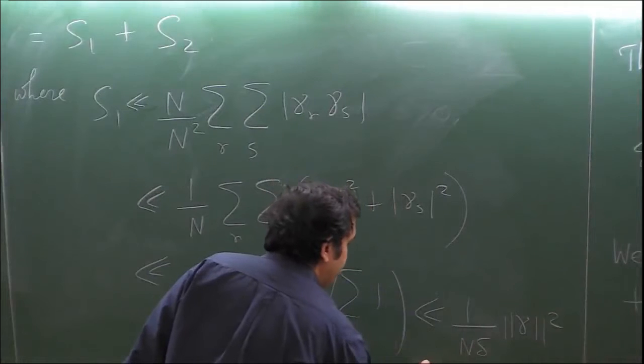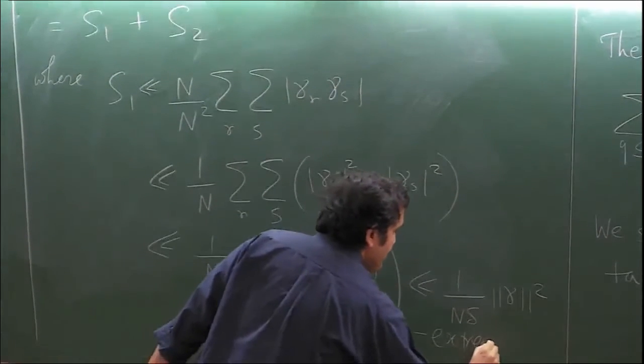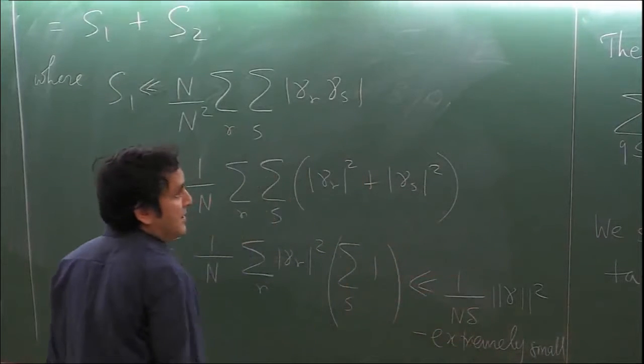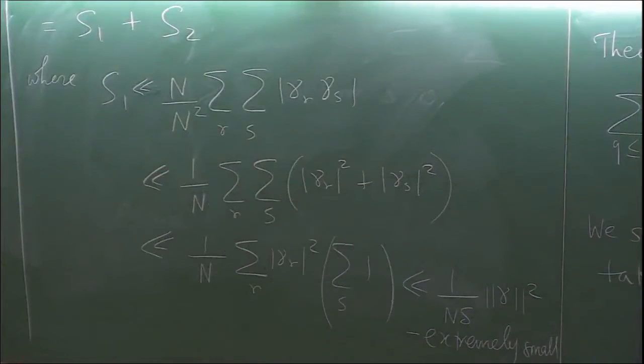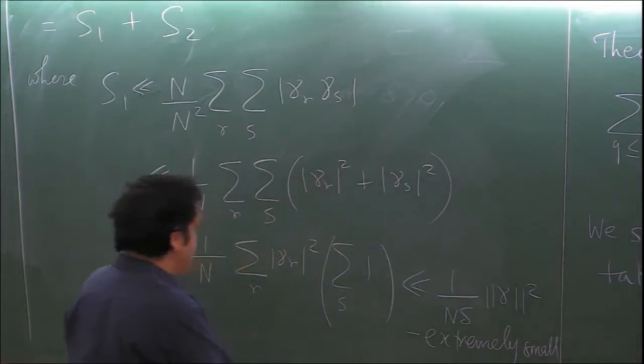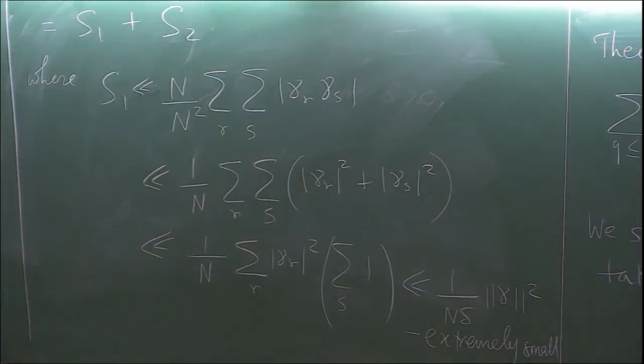So this is extremely small. So this will be absorbed in one of the terms. So 1 by n delta is much smaller than any of them. So I can absorb it in this O constant. So I don't need to worry about this part.